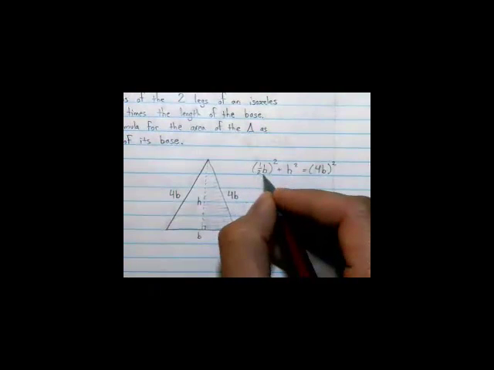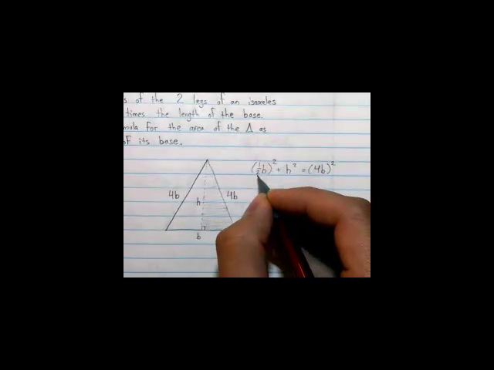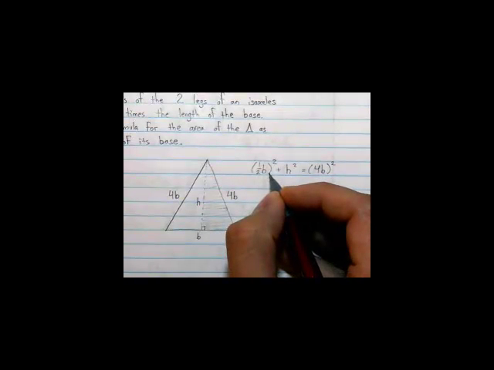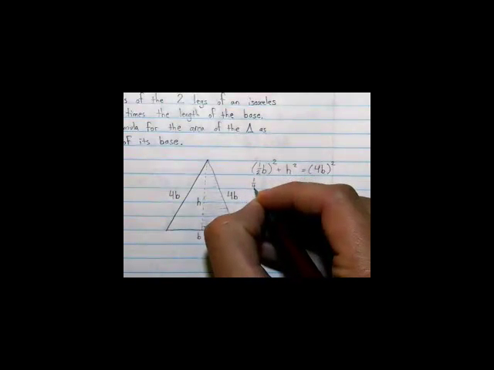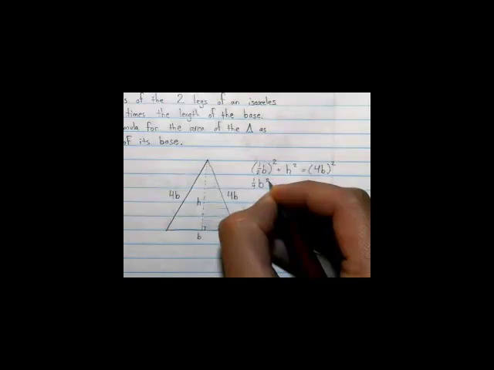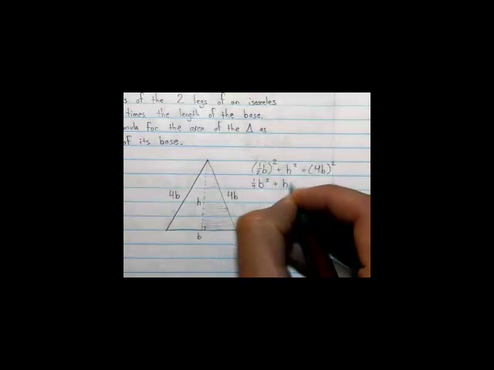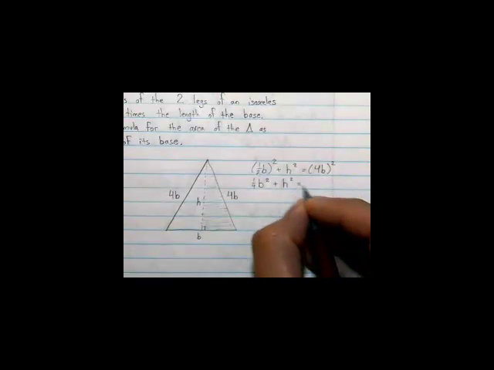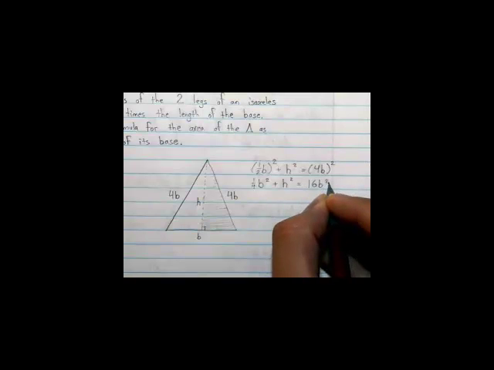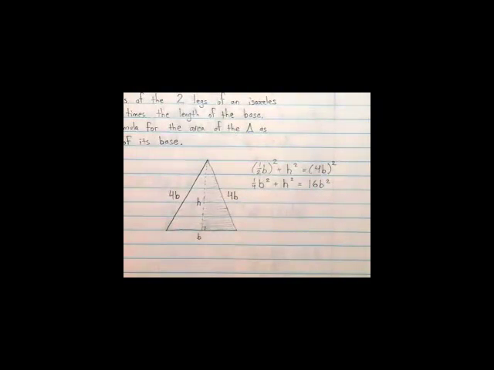So 1/2 b squared. You're going to square the half and square the b. So it's a quarter b squared. H squared is still h squared. 4 squared and b squared on the next part here. So that's 16 b squared. Okay, and then you're going to do a subtraction, right?